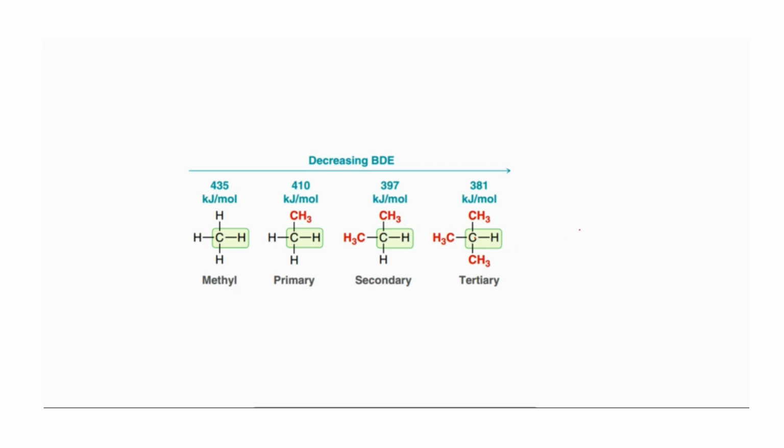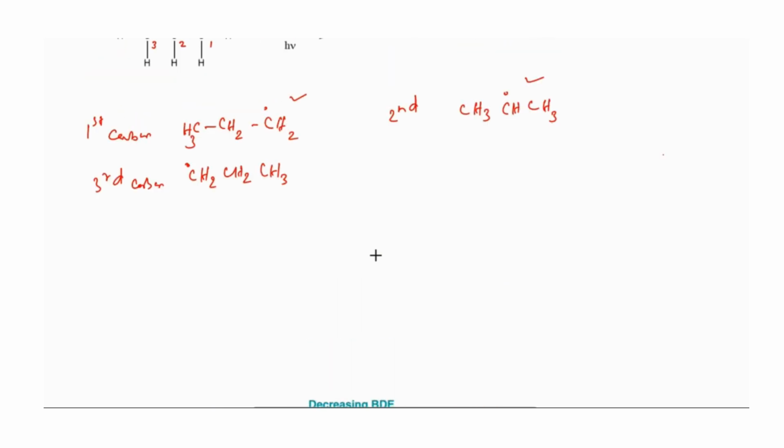So when the chlorine radical is formed, to cleave that carbon-hydrogen bond, the tertiary hydrogen always requires less energy. Comparatively, this one is a little bit higher. But in this case, here it is the primary and this is the secondary. So this is the primary radical and this is the secondary radical.